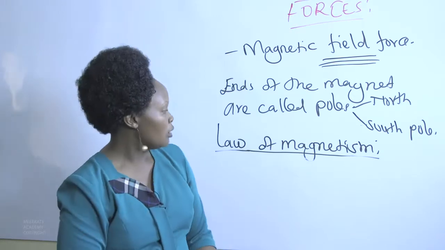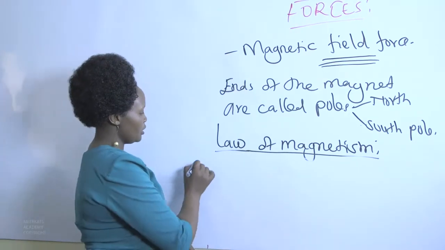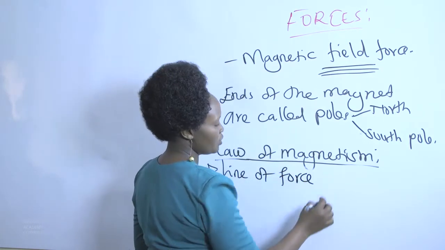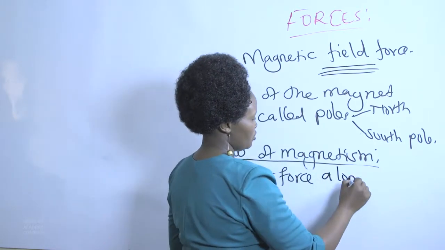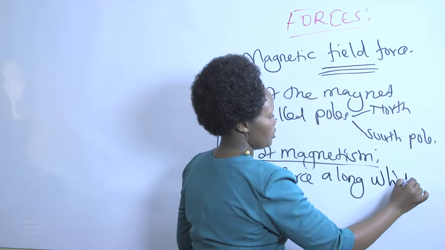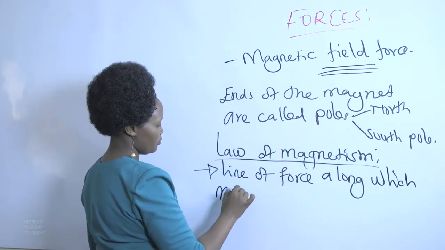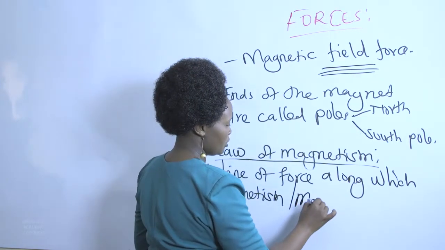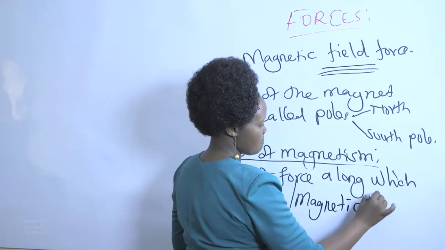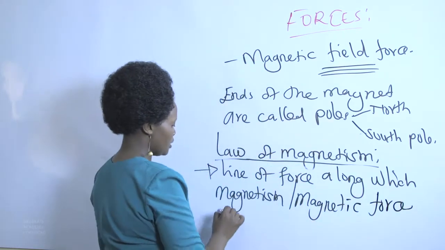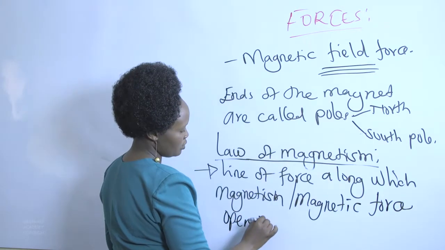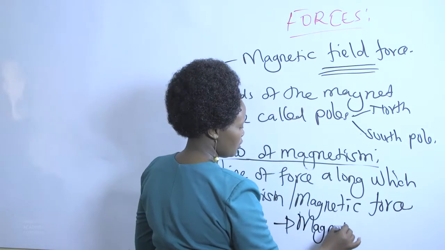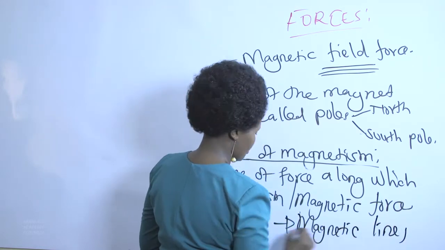Now, around the magnet, there are lines of force, along which magnetism or the magnetic force operates, and that is what we call the magnetic lines of force.